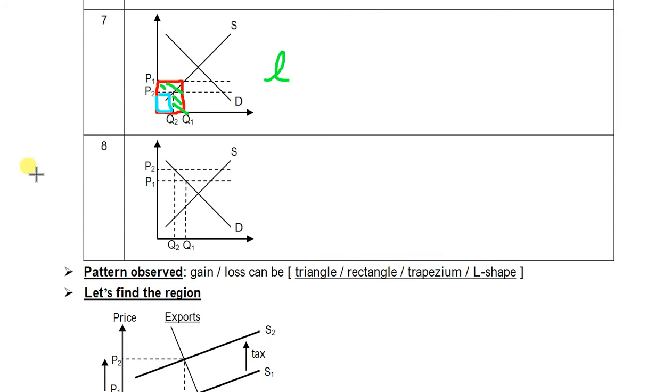And the last one, we have P1 times Q1 initially, and now we have P2 times Q2. Finally, we can find out the gain and loss. This part should be the loss, and this part here should be the gain, because we now get it and we initially haven't got it.